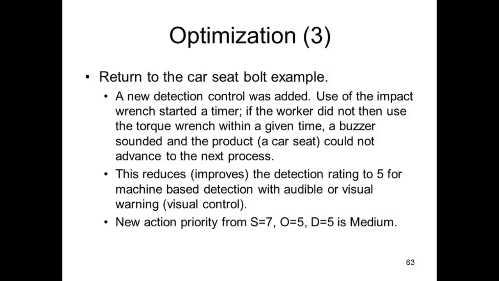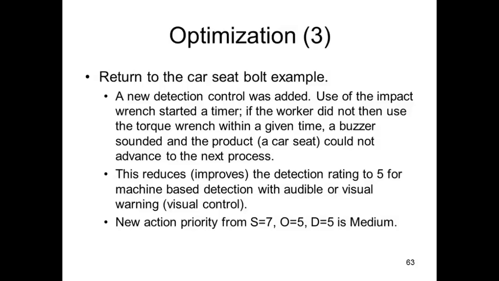Well, if that didn't happen, then a buzzer sounded, and also apparently they had some sort of assembly line which stopped because the car seat couldn't then leave the workstation. That's an example. Don't pass it along. If you have poor quality or questionable quality, don't pass it along.